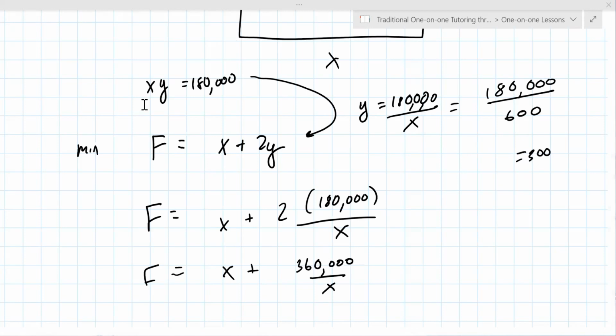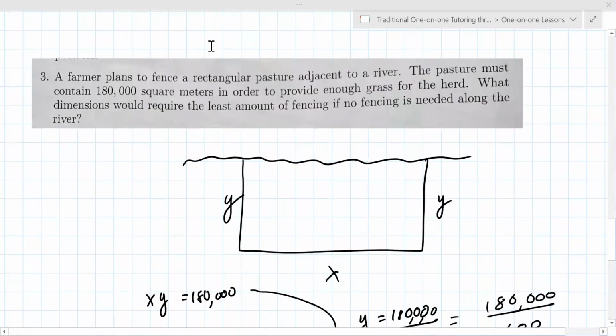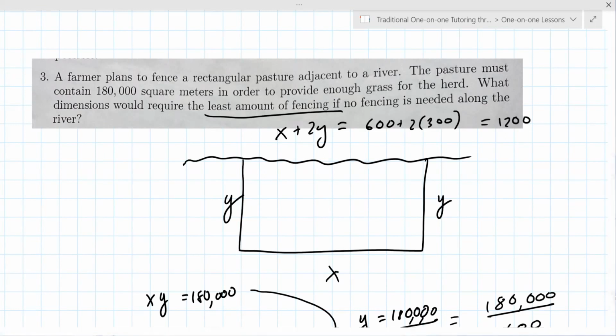So the total amount of fencing, which is what it's asking for, is x plus 2y. 600 plus 2 times 300 is 1200.